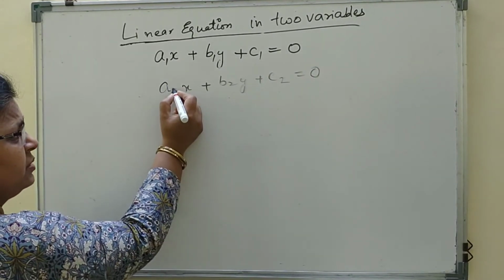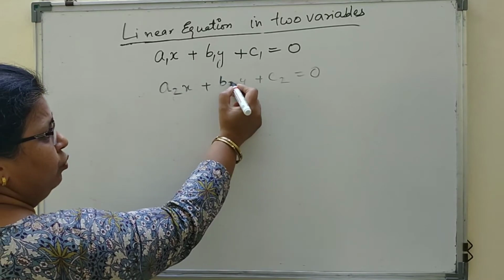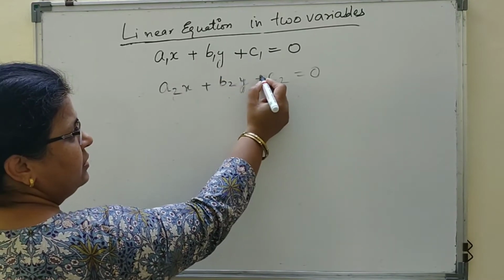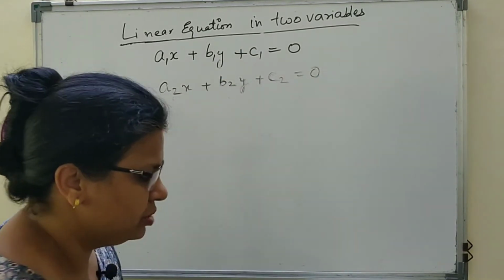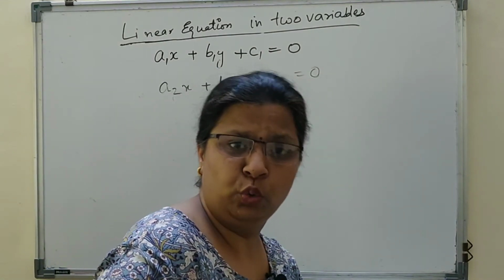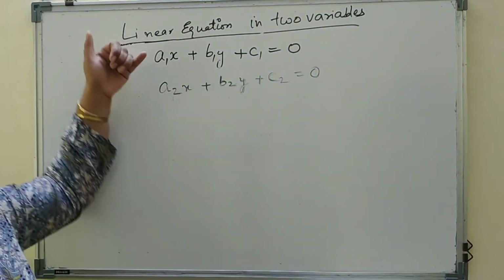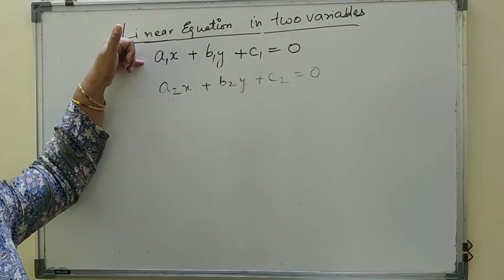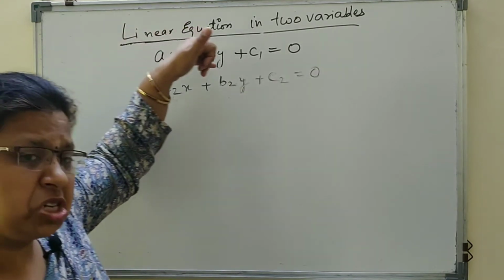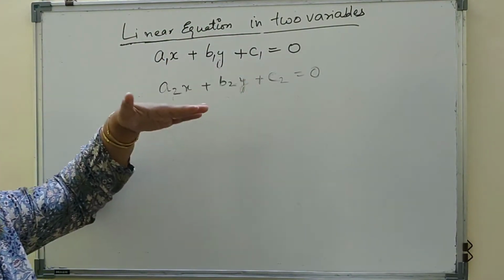Each linear equation in two variables always represents a line.